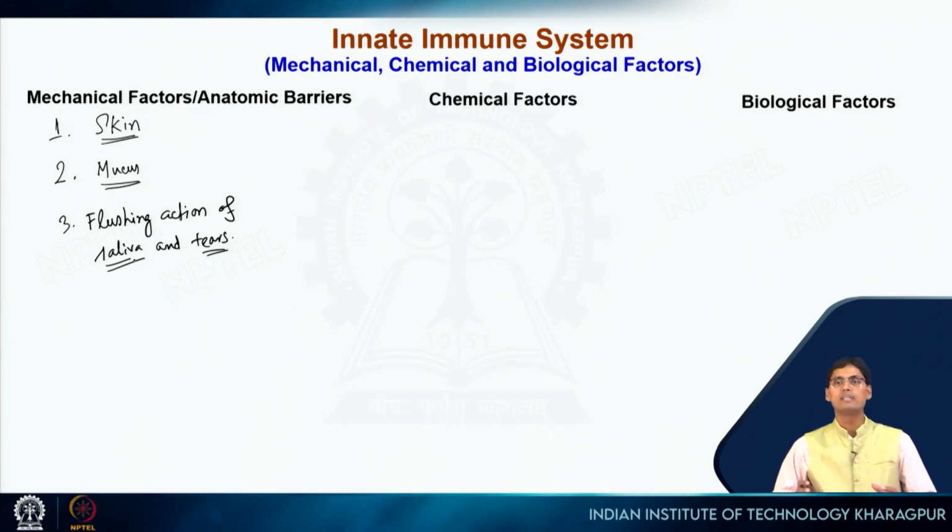They can flush away small particles, foreign particles, sometimes microbes also. So these are the mechanical factors or anatomic barriers which are constantly protecting us from infection. Now, if I move into chemical factors, there are a huge number of chemical factors. They are part of our innate immune system.